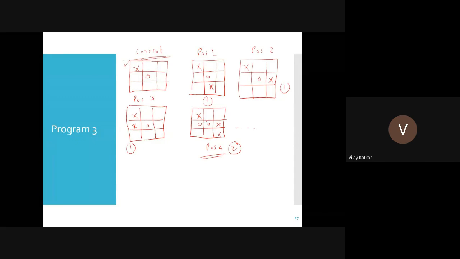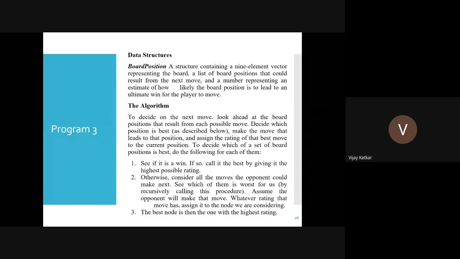So this is something called the list of board positions that could result from the next move. For the next move there can be n number of possibilities, as we discussed.